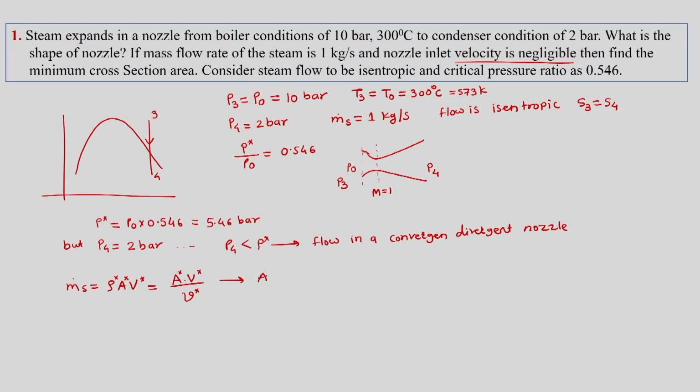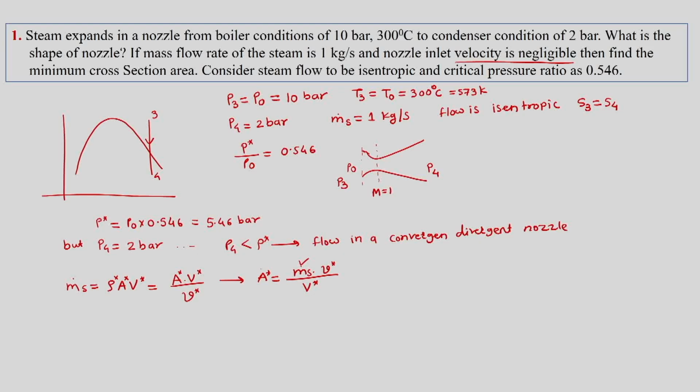So a star is equal to m dot s into specific volume at sonic condition divided by velocity at sonic condition. We need to find out the area for m dot s, which is given to us, v star, the specific volume at star, and the velocity at star.